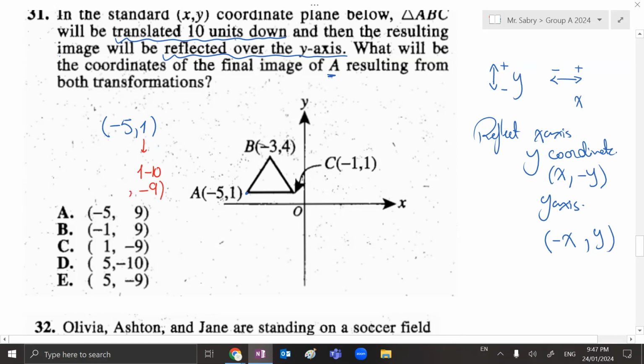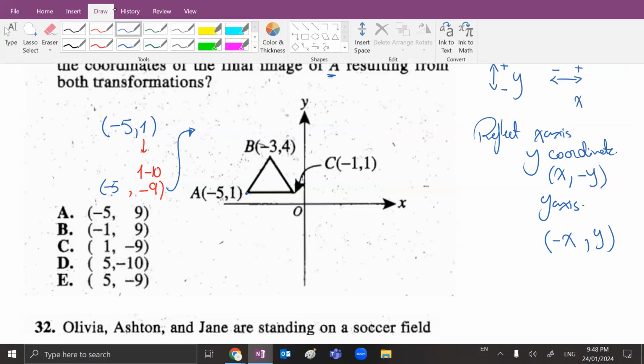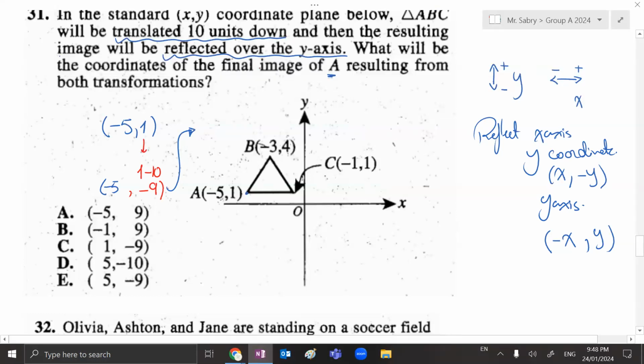That's the new y coordinate, and the x coordinate stayed as it is. Then this image was reflected over the y-axis. When I reflect over the y-axis, I should switch the sign of the x coordinate. So instead of -5, it should become +5, but the y coordinate will remain the same as -9. 5 and -9 is the answer.